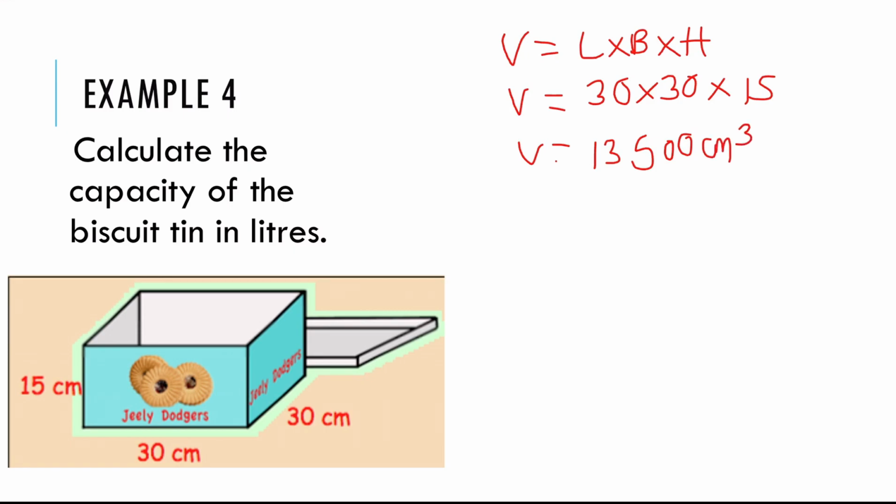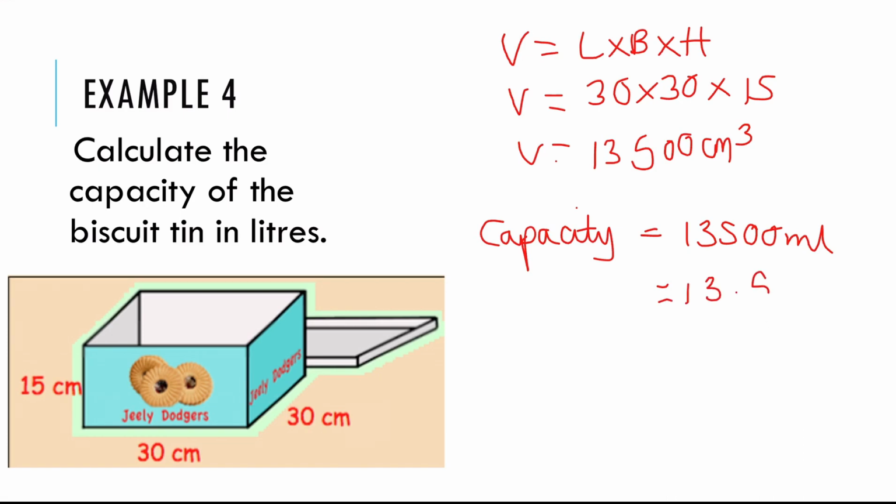However, we are asked for the capacity, so remember 1 centimetre cubed is the same as 1 millilitre, so that's 13,500 millilitres. But we've been asked for it in litres, so we need to divide that by 1000 to get 13.5 litres, and that is us finished.